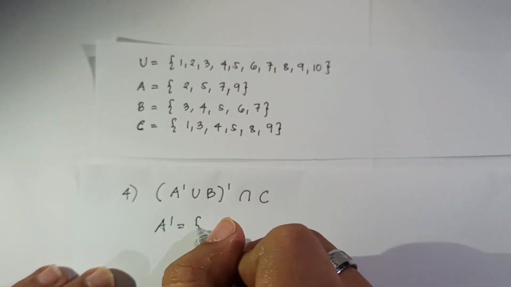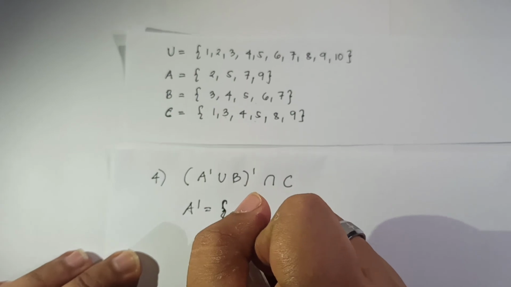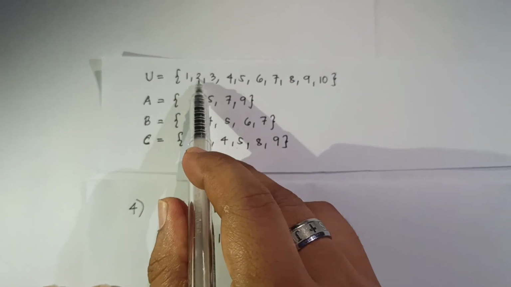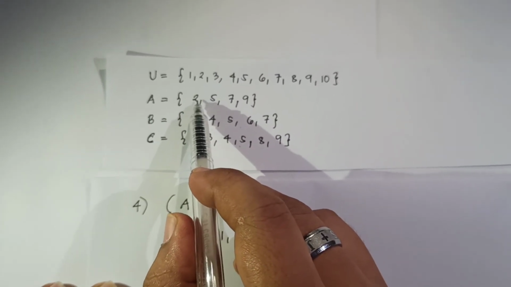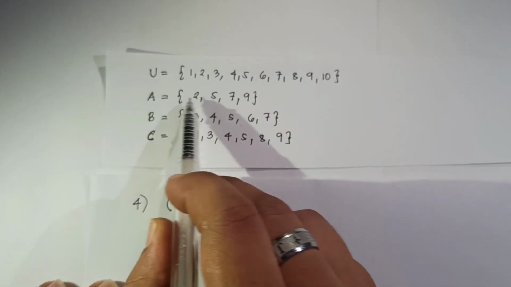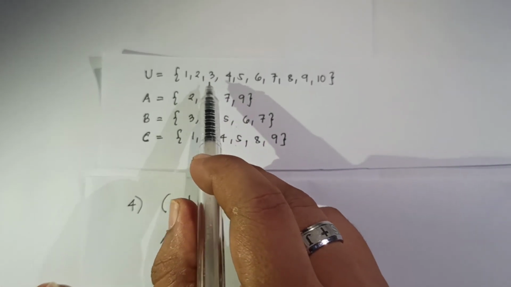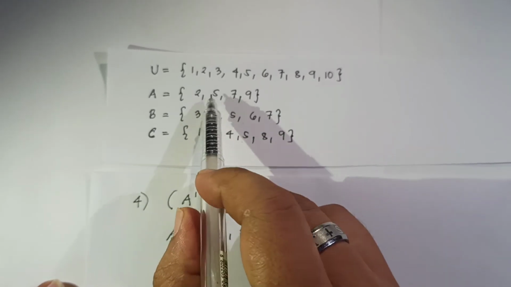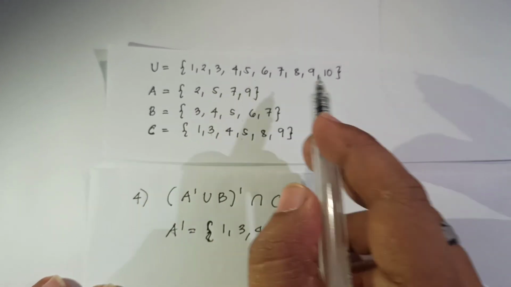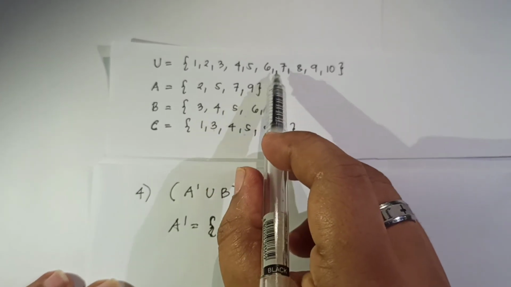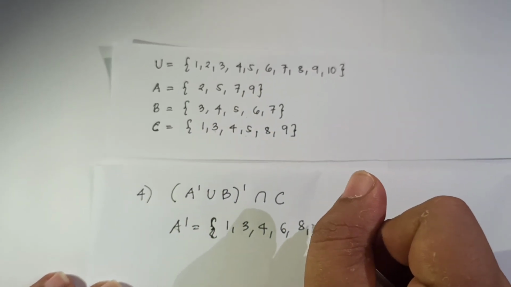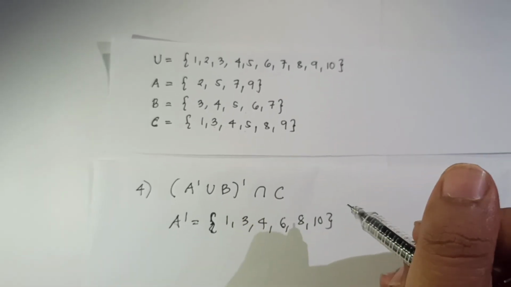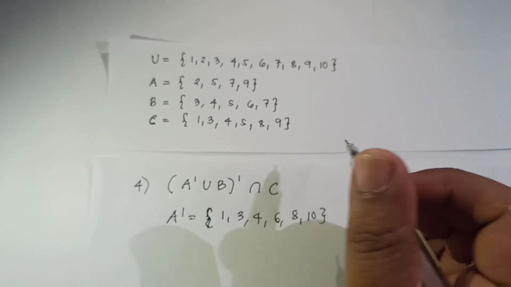Ano po ang wala sa A? So 2, yes, we have 3, walang 3, walang 4. Okay, merong 5, walang 6. Merong 7, walang 8, at merong 9, walang 10. So there's A prime: 1, 3, 4, 6, 8, and 10.